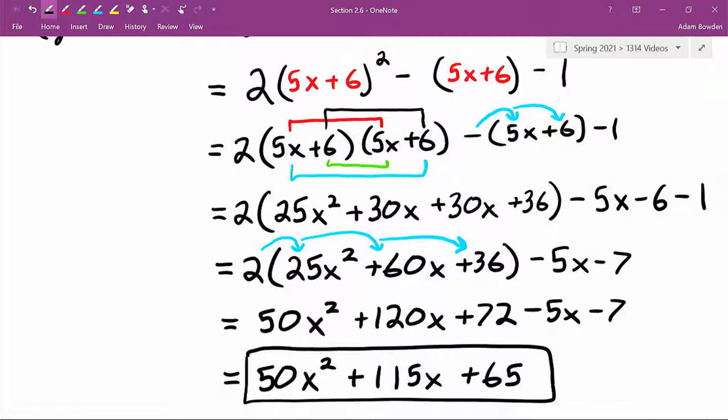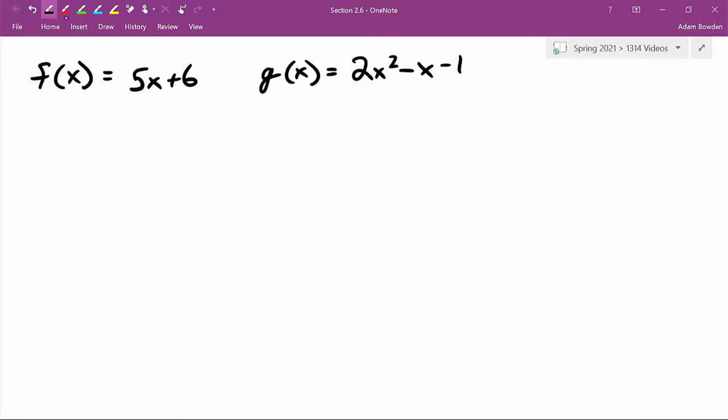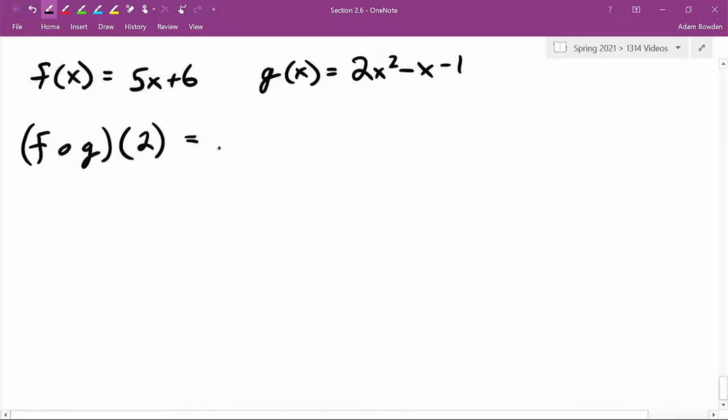There's some other composition things we can do. Namely, we can do the composition with numbers like f circle g of 2. So here's how I'll do this. We can keep in mind that f comes first, and that's f of g of 2. Sometimes what I like to do here is to go ahead and calculate the g of 2 on its own.